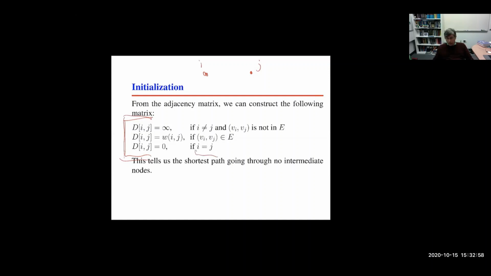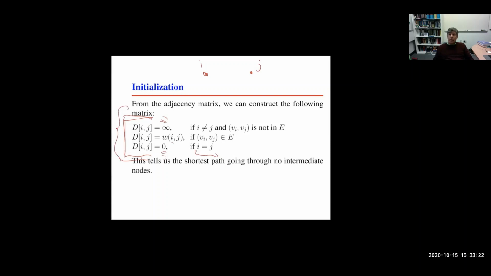If I is equal to J, I can do it at a cost of 0. If there is no edge from I to J, it's going to cost me infinity. If there is an edge, that's the shortest way to get from I to J without any intermediate vertices. Does everybody see that? This is pretty much by definition.